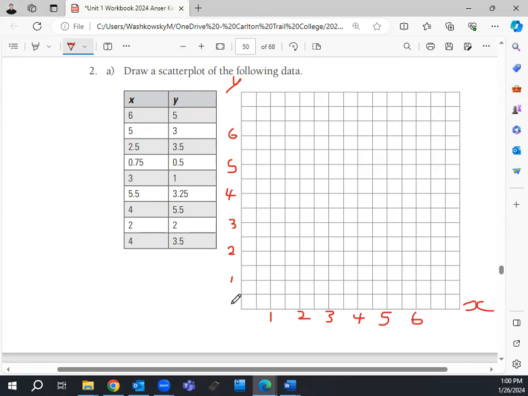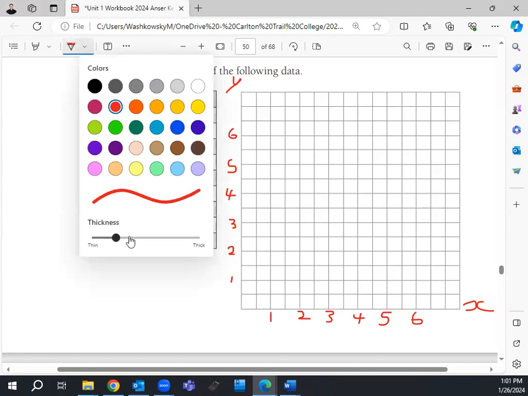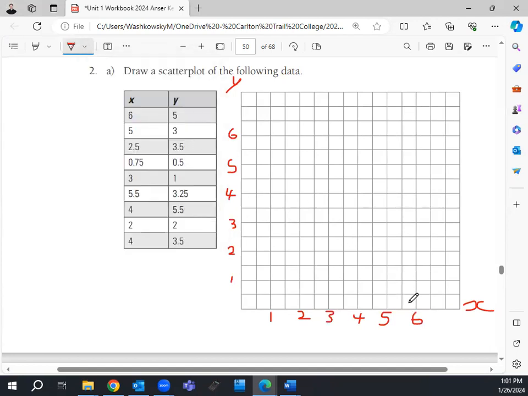So if you haven't started yet, it's done the exact same way we've done all of our normal graphs, right? Figure out your scaling. You already have your data generated, plot the points. So I'm going to quickly do that. I'm just going to plot them one by one. So when X is 6, Y is 5. When X is 5, 3. X is 2.5.